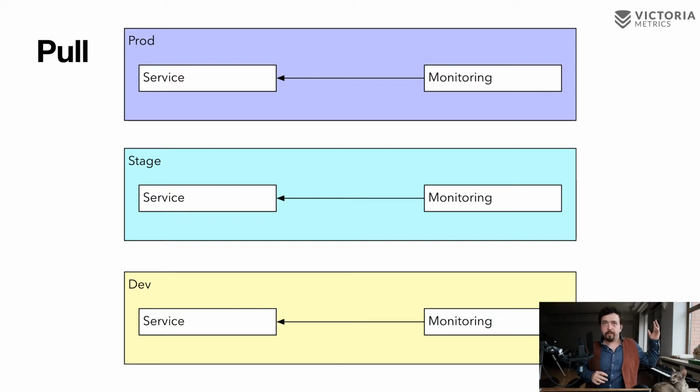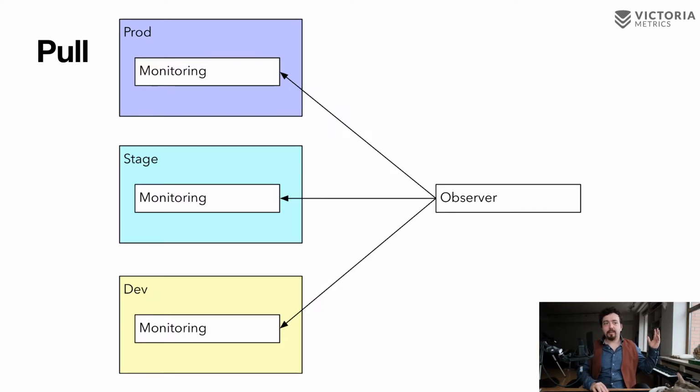But there is a problem. In this system, usually we can't have a separate observation environment, because we need to have those collectors in each environment, in production, in stage, in dev, in each data center. We need to have a monitoring system to collect data from each, because of environment separation and data center separation.